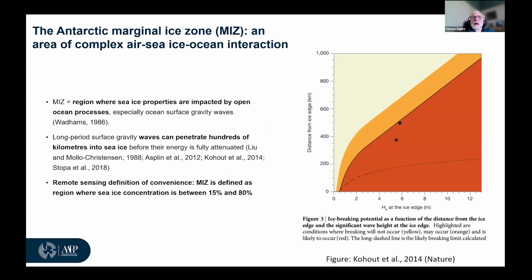How do I relate that to the fact that the marginal ice zone is being affected by open ocean processes? You see what I mean? At the interior point, am I interested in all these weird processes that also occur in the open ocean, or is this just a means to an end to keep the modelers happy?